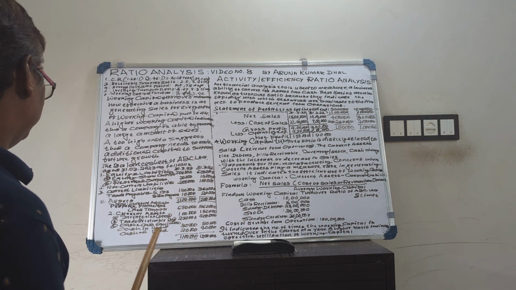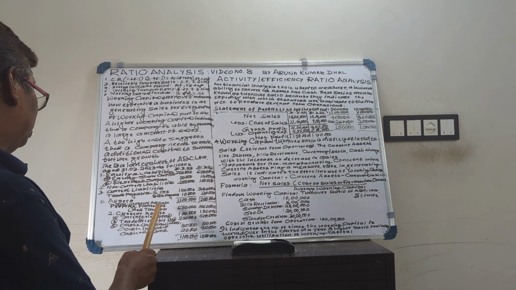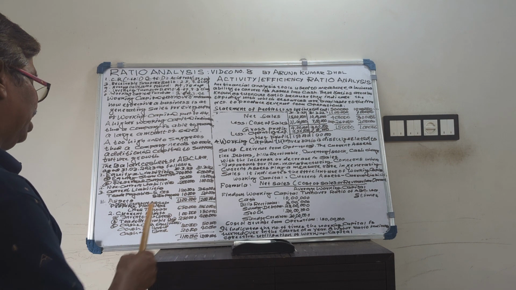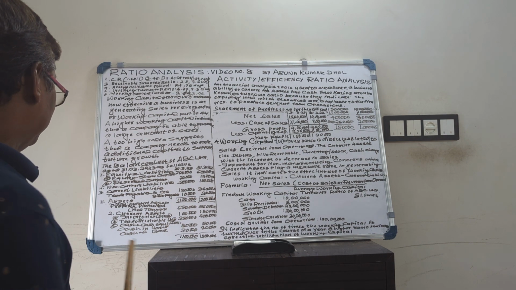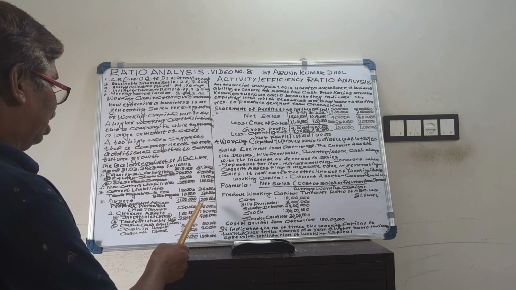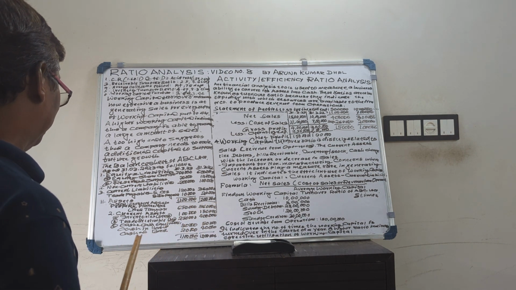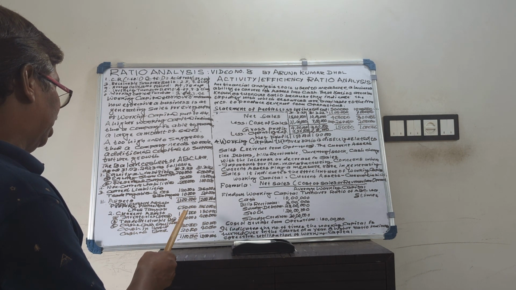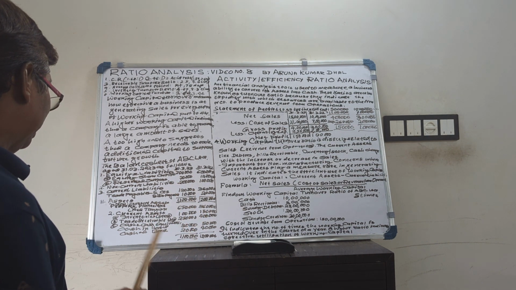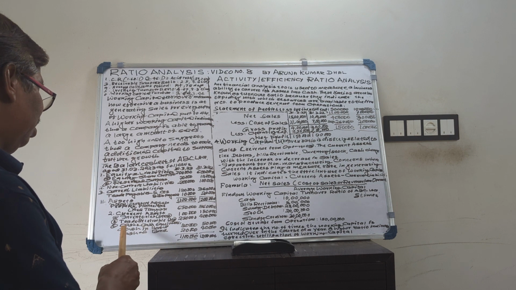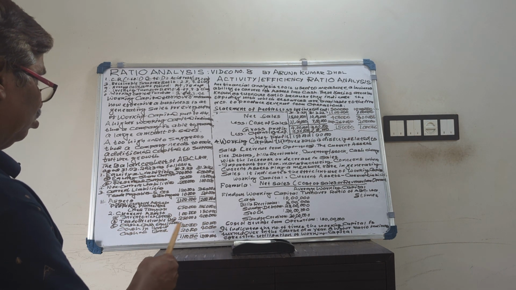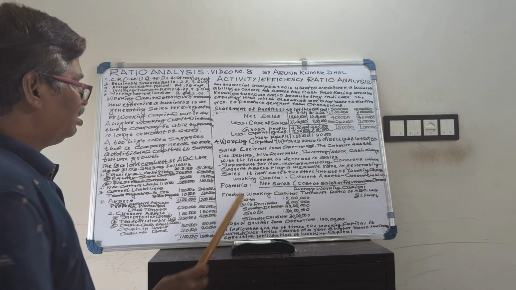Non-current assets include property, plant and machinery, net tangible 6,50,000 and 5,60,000. Then current assets: inventory or stock 1 lakh, in 2022 it is 1,50,000. Trade receivables, debtors 2,50,000 in 2023, 4 lakh in 2022. Then cash and cash equivalents: cash in hand 80,000, 50,000, then cash at bank 20,000, 40,000.